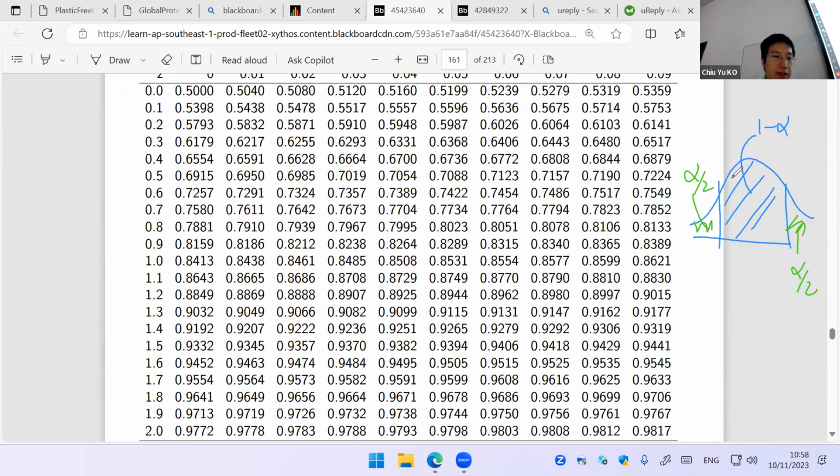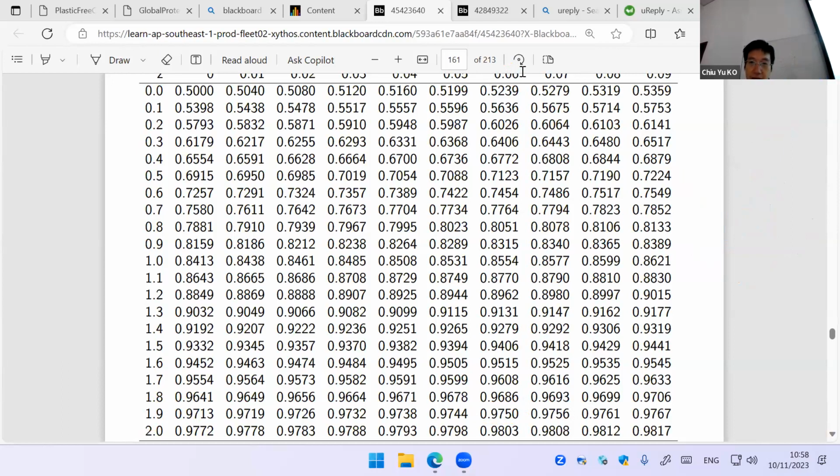That means, from this, it's 0.975. Sorry, this is 0.025, so 0.975 is this guy. So 1.96, right? That's how I get this number. Okay, in case you forget, but since you do the assignment, you should know it. But don't worry, you will do the assignment later and we will do it again.